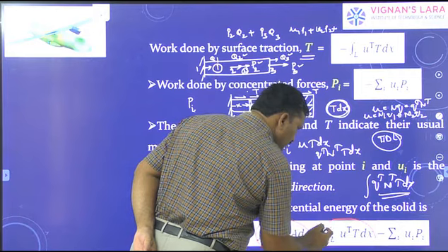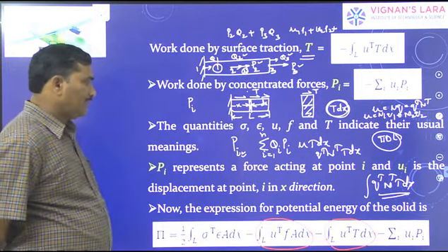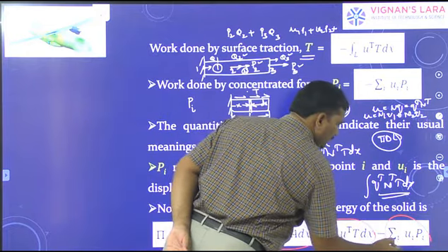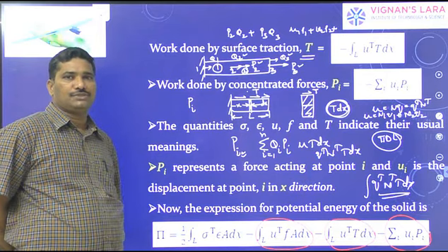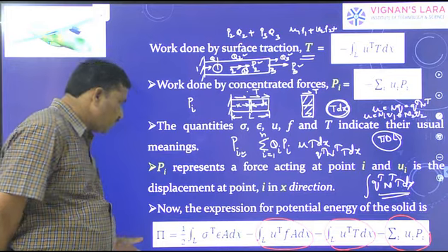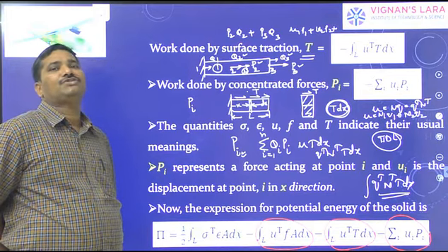This indicates the work potential due to traction. Minus the sum of Ui Pi. This indicates the work potential due to concentrated forces. Okay. So this is how one can determine the total potential energy of a solid.